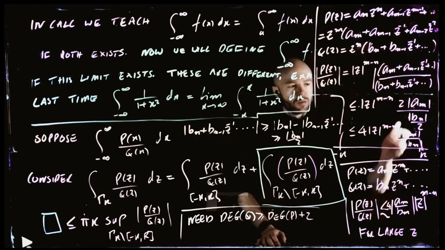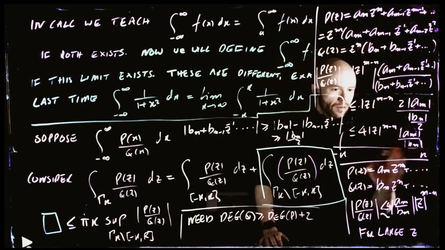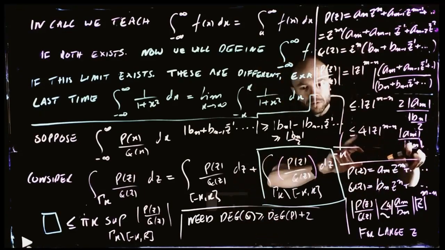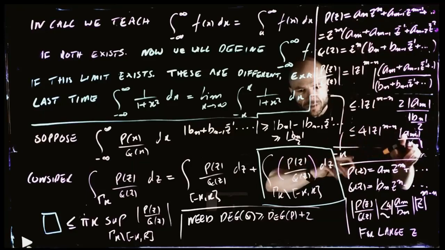We can have any number bigger than 1, but the way I chose it, we have a 4. So now we completely have this for sure. Yeah? For all large enough radius, this estimate is correct.